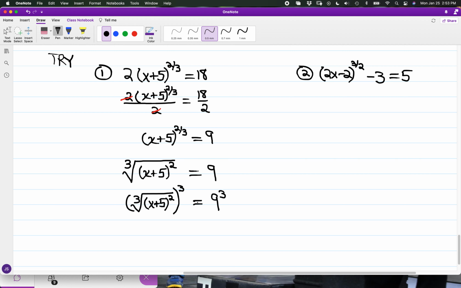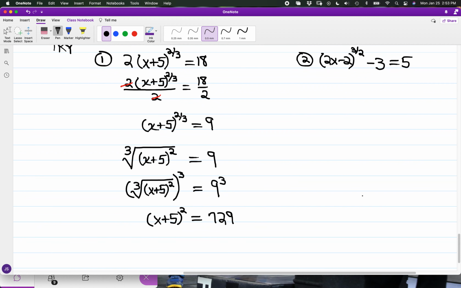Think of the radical and the 3 going out, and what is inside is freed up. So we have the square of x plus 5 is equal to 9 cubed, 9 times 9 times 9, so this will be 729.